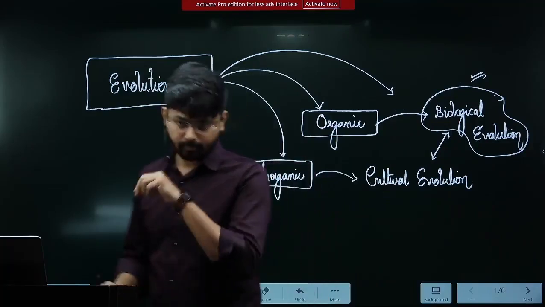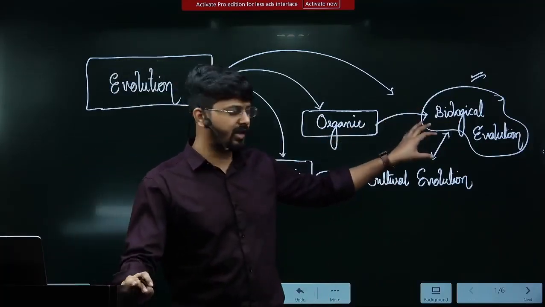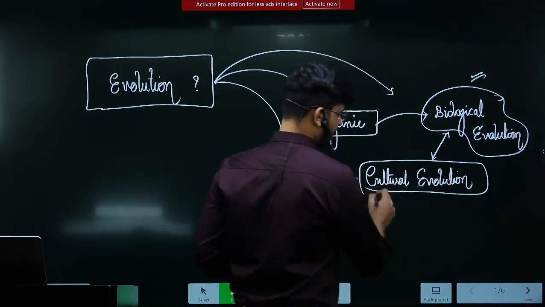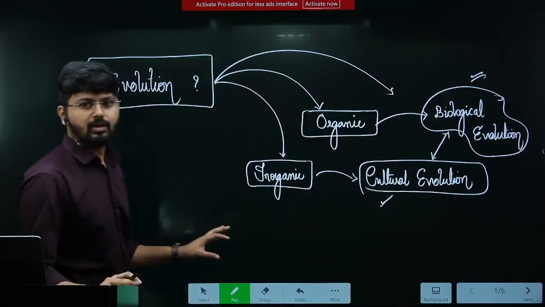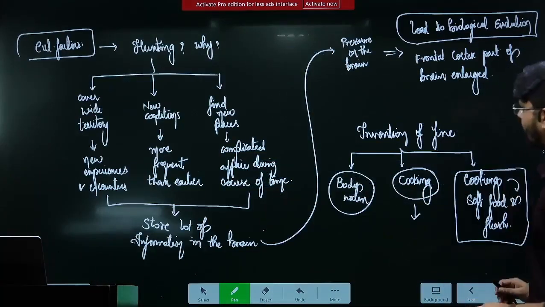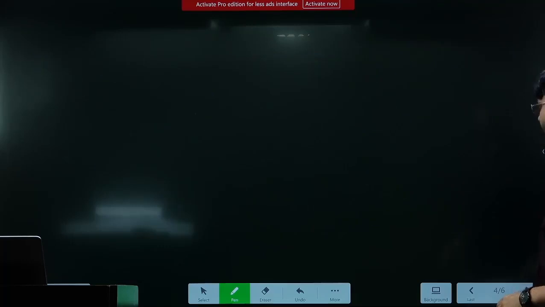So within the organism, that is organic evolution, and the external, inorganic evolution that is happening is known as cultural evolution. So these are the basic differences, if they ask you the differences between biological evolution and cultural evolution.